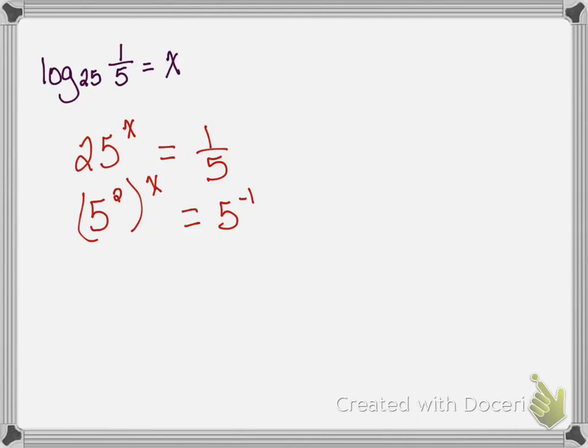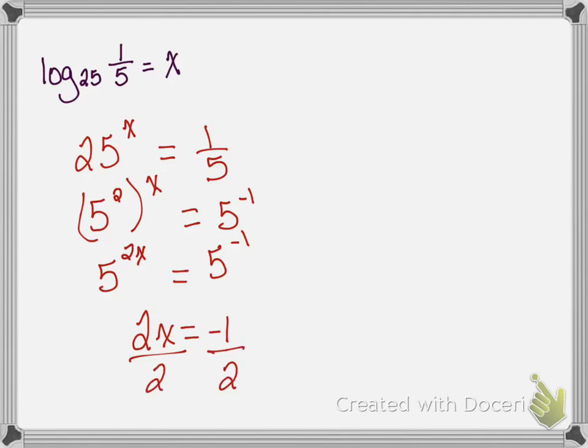So I'm going to have 5 to the 2x equals 5 to the negative 1. I have the same base. So 2x equals negative 1. Good. And then I divide by 2. So x is equal to negative 1/2.